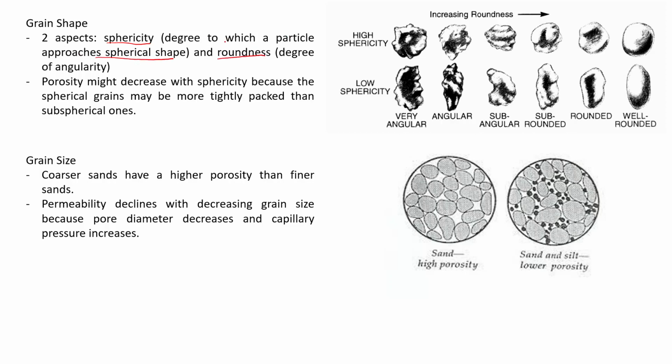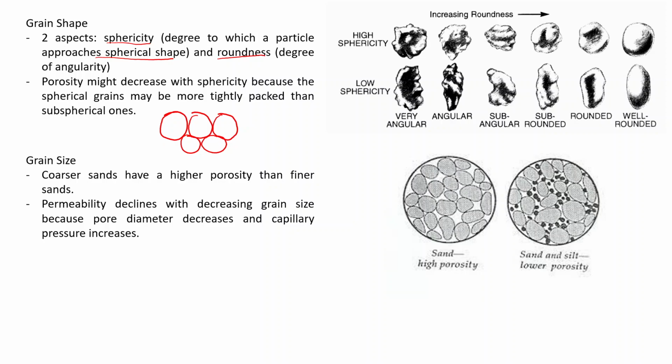So porosity might decrease with sphericity because the spherical grains may be more tightly packed than subspherical ones. So what does this mean? If we have perfectly spherical grains, they may show very tight packing. Once the tight packing is there, it may lead to a decrease in porosity.